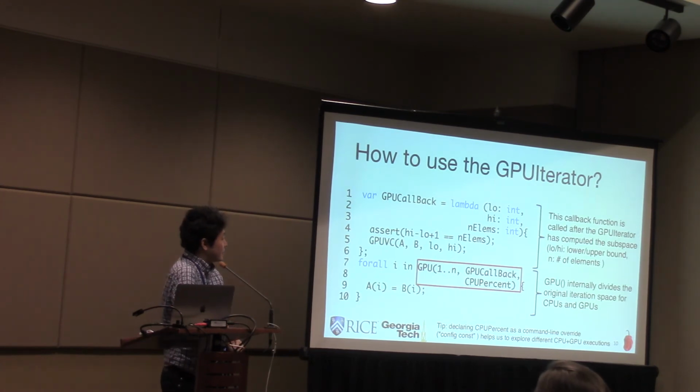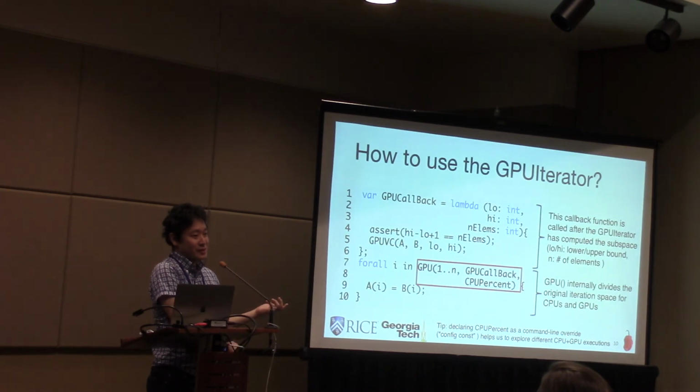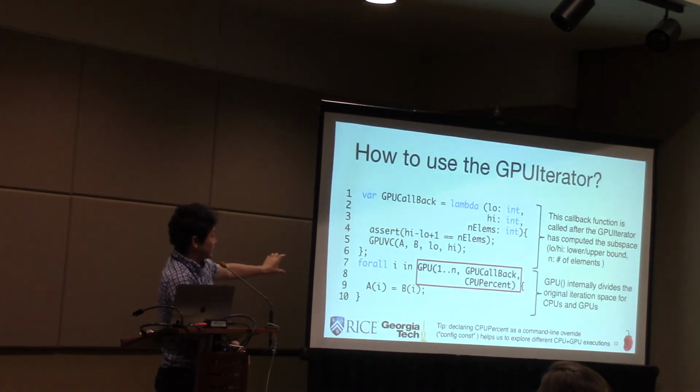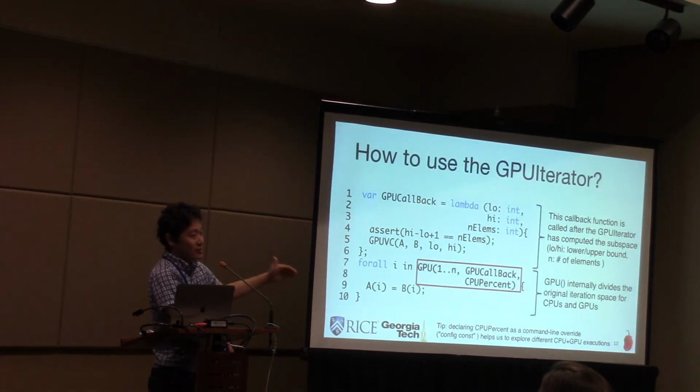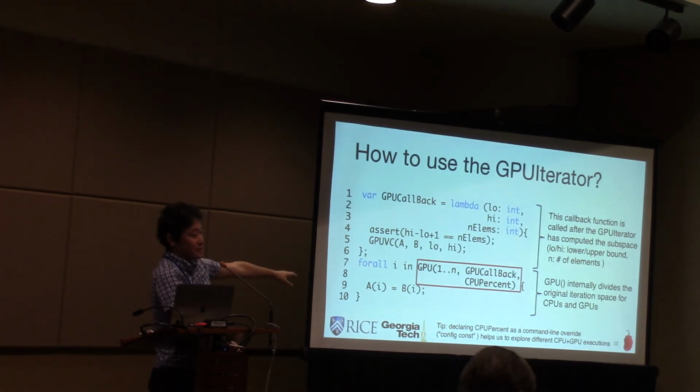I think your concern is important, but for now our assumption is that the user already writes parallel code. In the original version, we have a forall loop and some assignment here, A sub i equals B sub i, and I think with that the user already knows it's very safe to run in parallel.